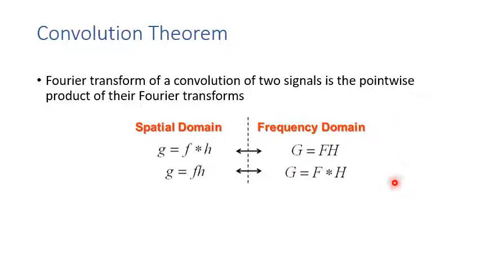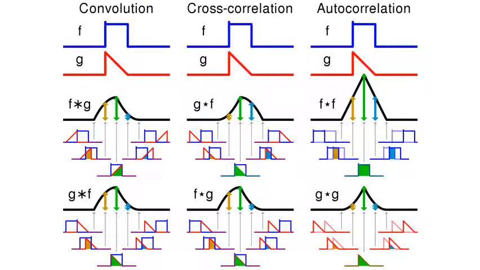Convolution can be viewed as applying a function h to an input signal f and generating a new signal g. It has wide applications in signal processing, engineering, and image processing, to name a few. Let's see some examples from Wikipedia. Suppose we have two signals, f and g.